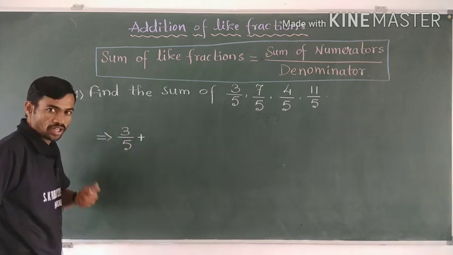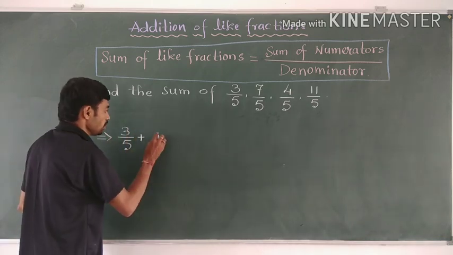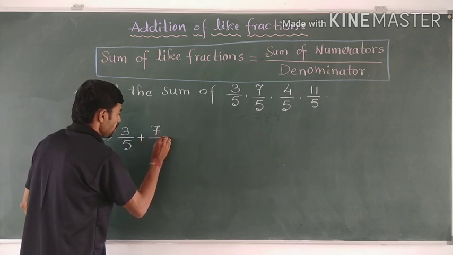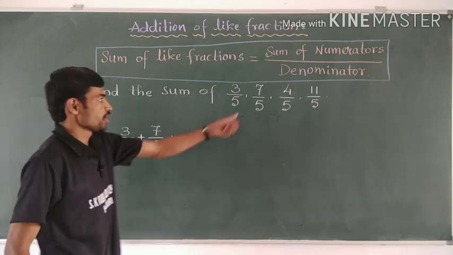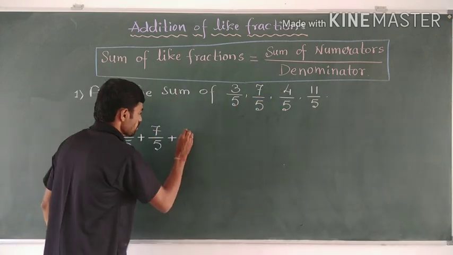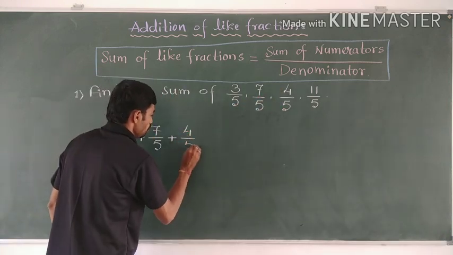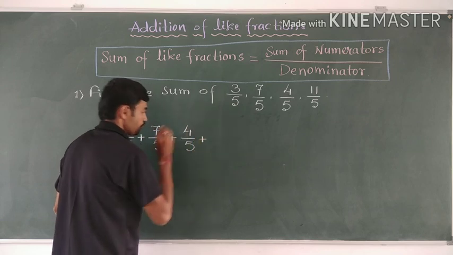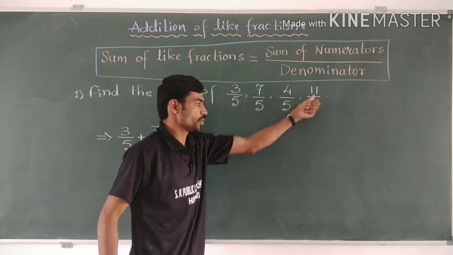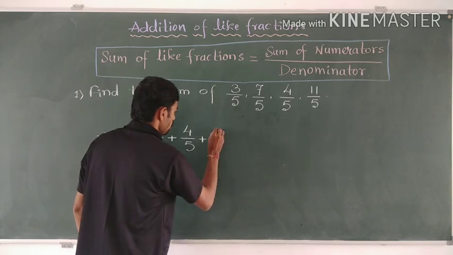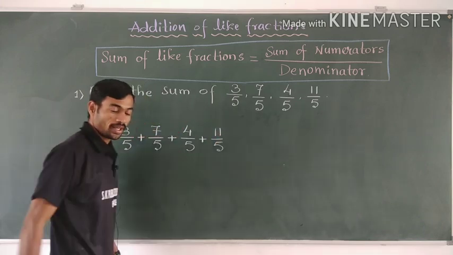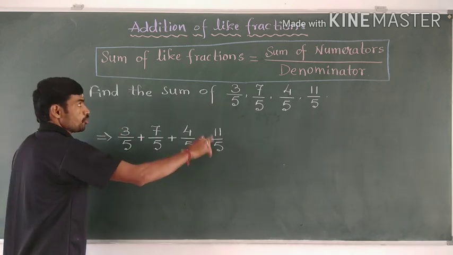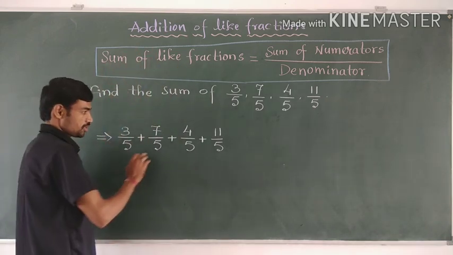Sum means addition, so we add all the fractions: 3 by 5 plus 7 by 5 plus 4 by 5, and the last one is 11 by 5. So this is the sum of like fractions.